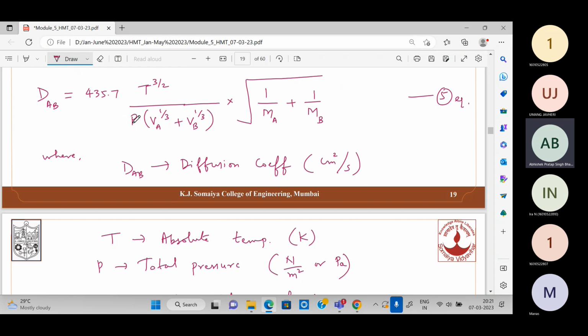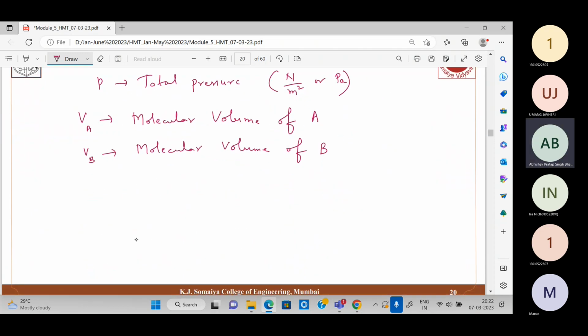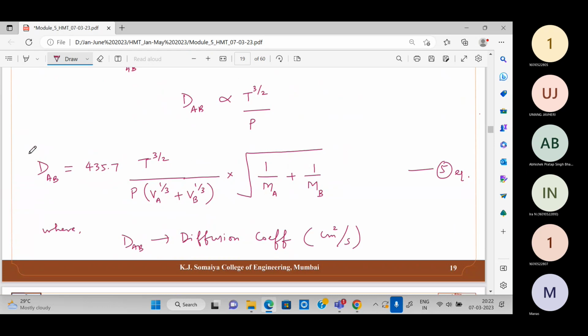MA represents the molecular weight of component A, and MB is the molecular weight of component B. So we have seen the meaning of each term in this expression.